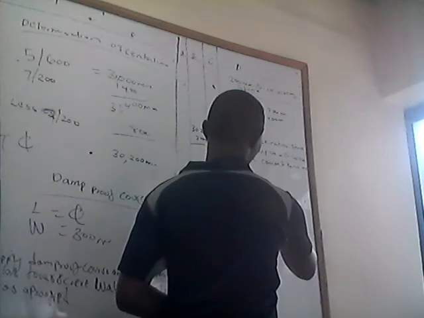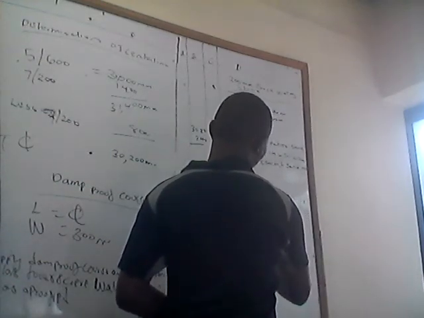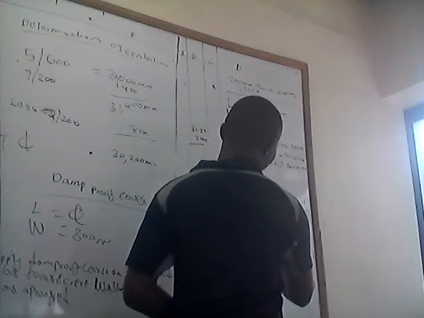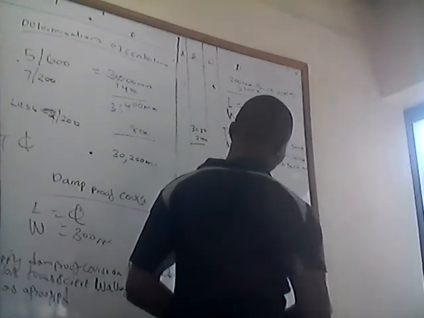So we have a gable like this, with 8,000 as the width.